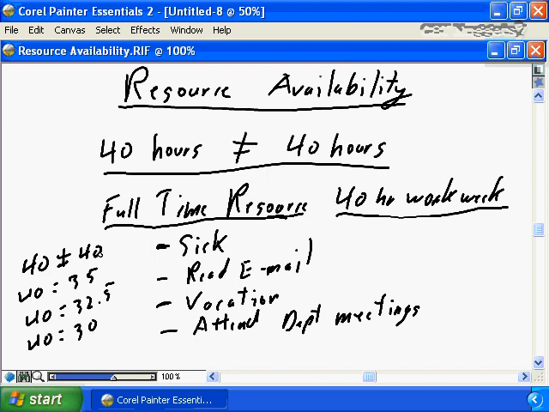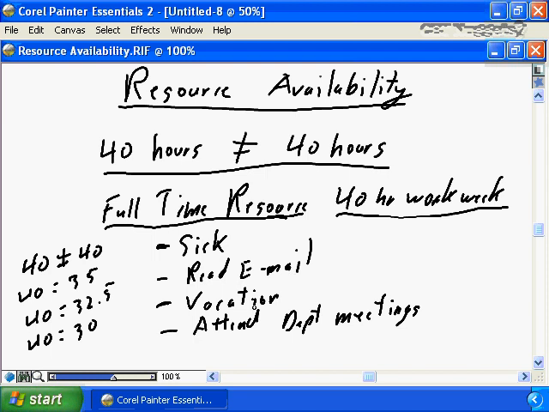If it's a 2-week project, if it's a 4-week project, you probably will have minimal impact to sick time. Likely, hopefully, the resource will not get sick, and therefore the number is closer to 40. During that window, the resource will probably take some time to read email, so if it's not 40, it may be 39 or 38.